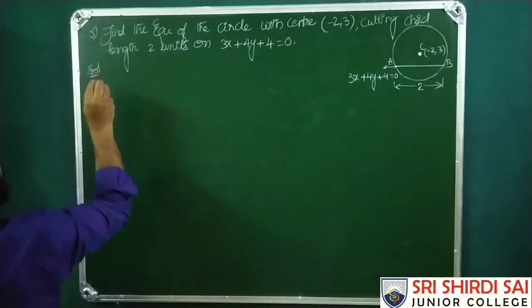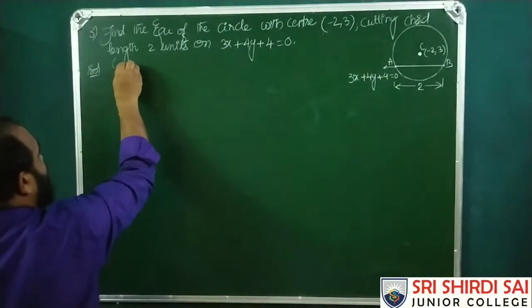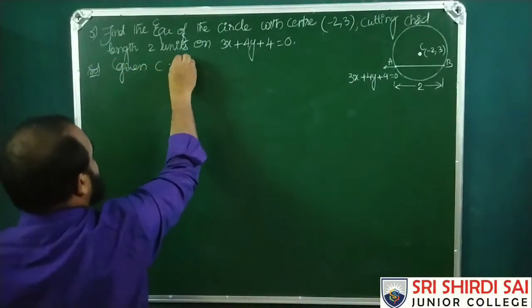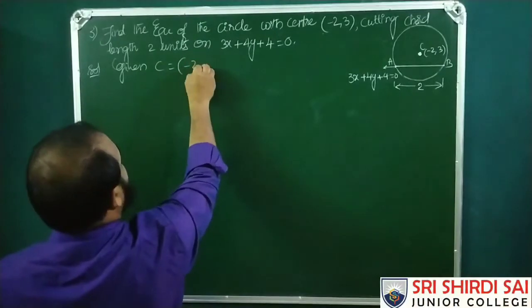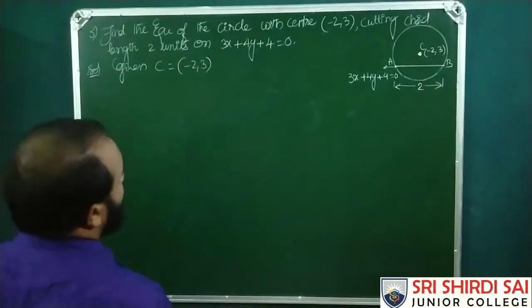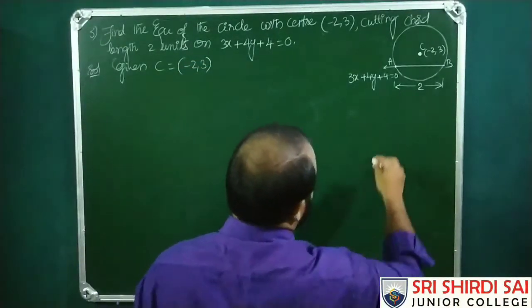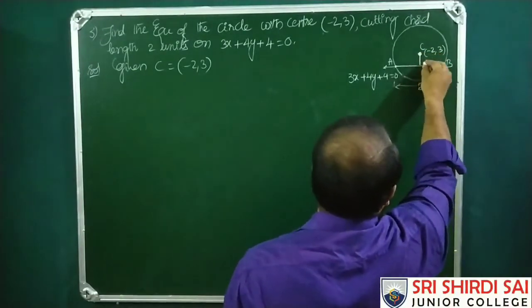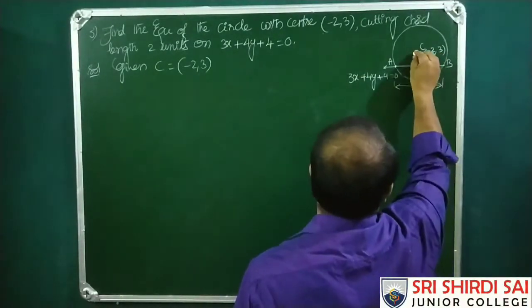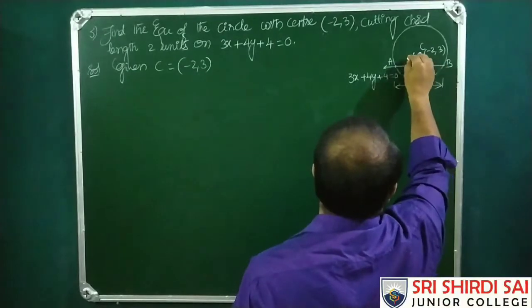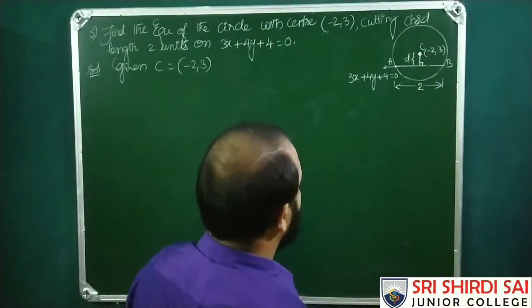Solution: given C = (-2, 3). This is the perpendicular distance from the center of the circle to the line. Let us suppose this is d.